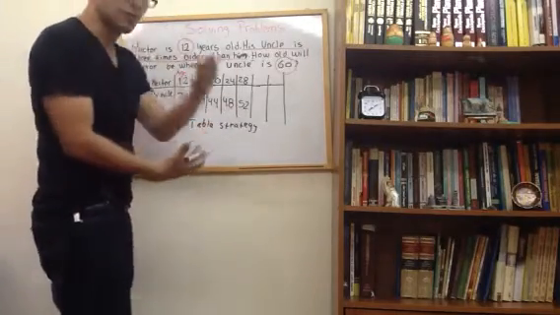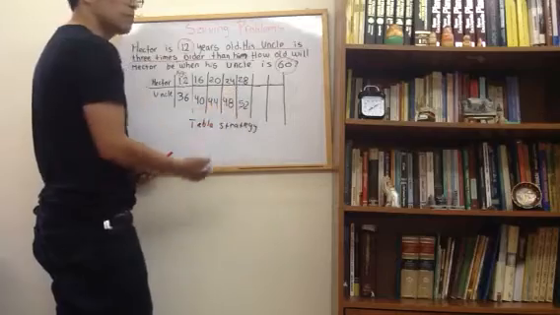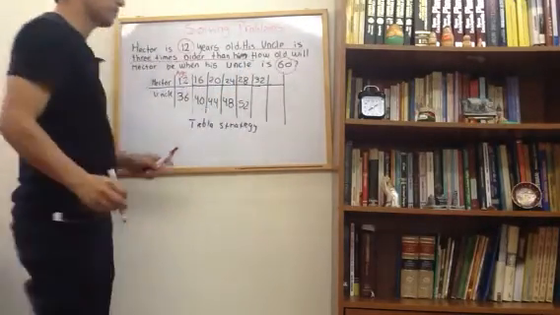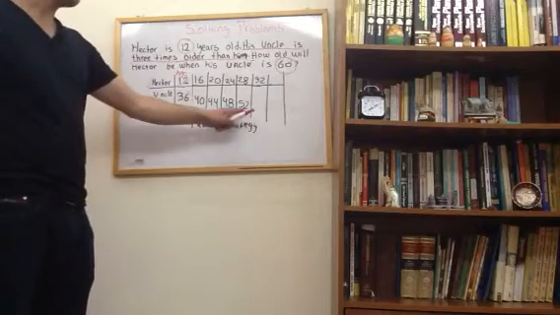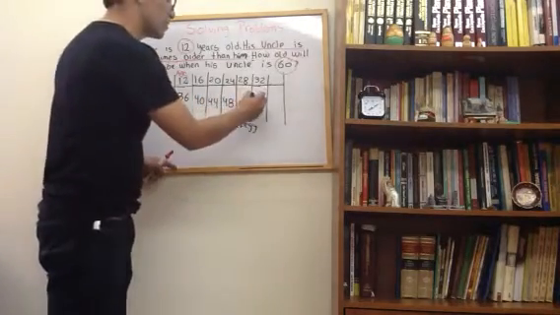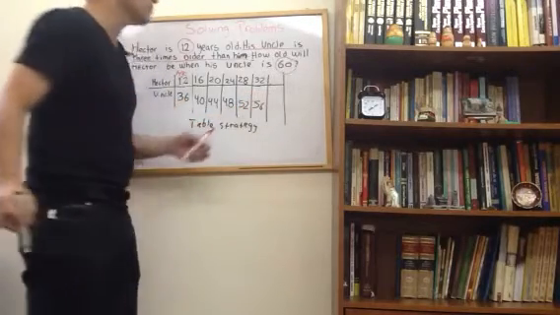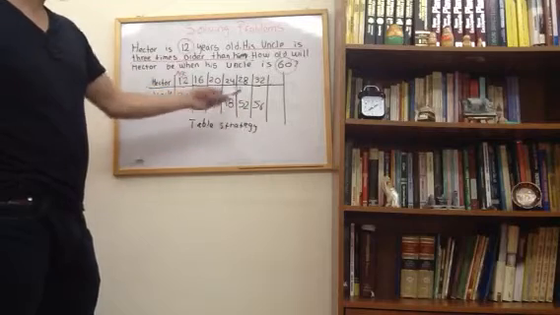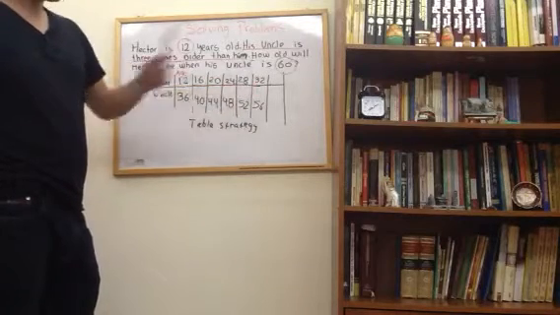So we must continue. 28 plus 4 is equal to 32. And 52 plus 4 is equal to 56. At this point, we know that if the uncle is 56 years old, Hector is going to be 32.